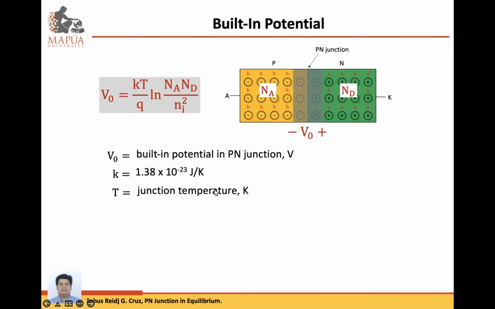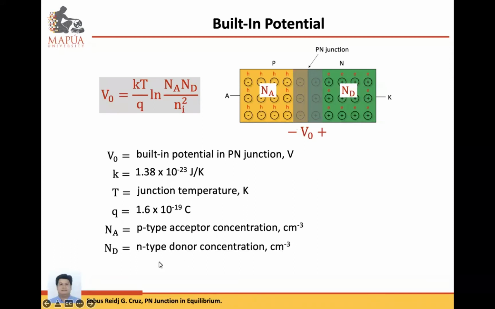T is the junction temperature in Kelvin. q is the charge of carriers equal to 1.6 times 10 to the negative 19 coulomb. Na is the p-type acceptor concentration in per cubic centimeter, Nd is the n-type donor concentration in per cubic centimeter, and Ni is the intrinsic concentration in per cubic centimeter.